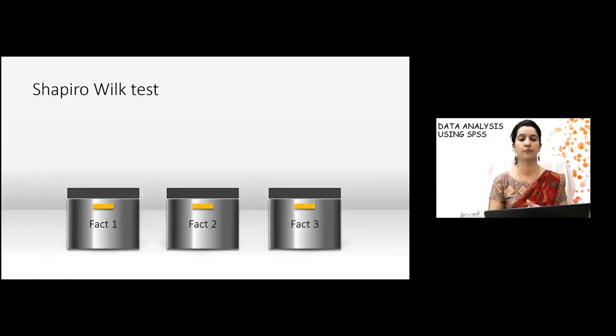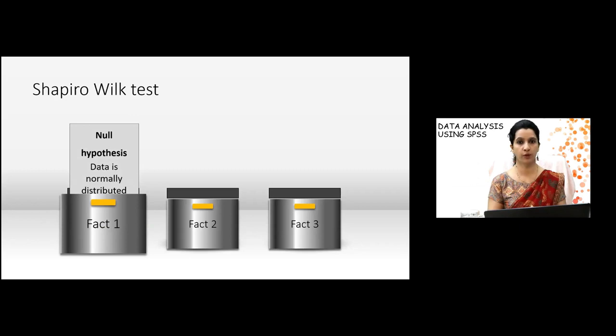If I come to the Shapiro-Wilk test, in the objective method we saw that there were 3 tests. The Shapiro-Wilk test is a very good objective way to determine whether your data is normal or not normal. The first important point is that the null hypothesis of this Shapiro-Wilk test is that the data is normally distributed.